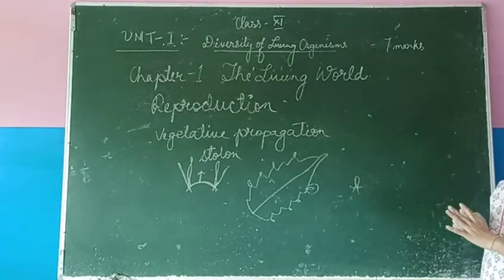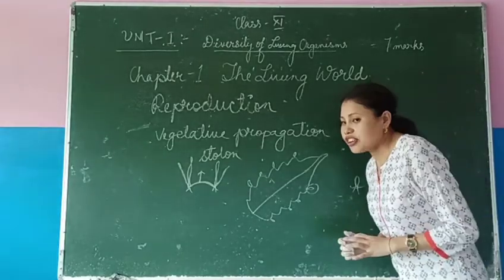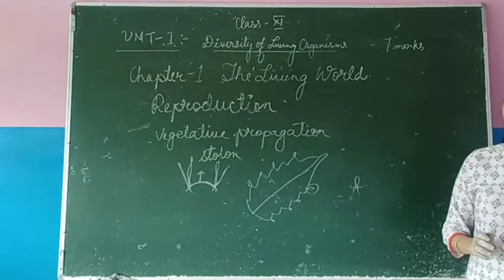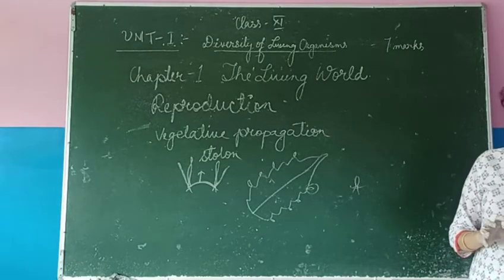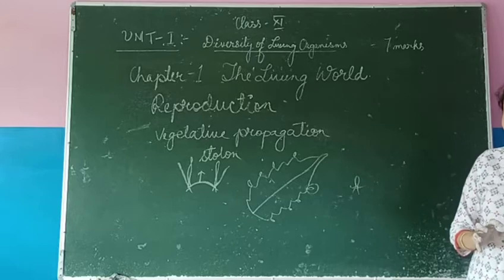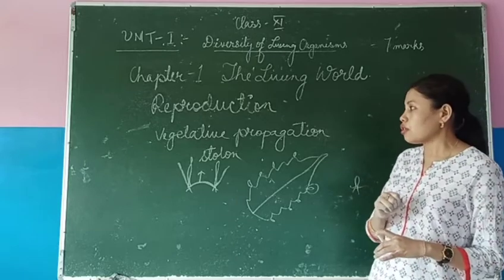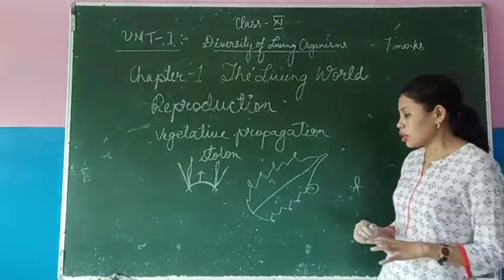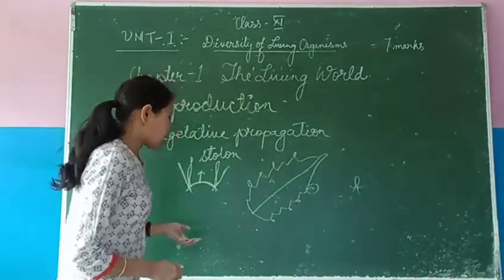But reproduction cannot be defined as a true defining character of a living thing. Why? Because there are some exceptions.